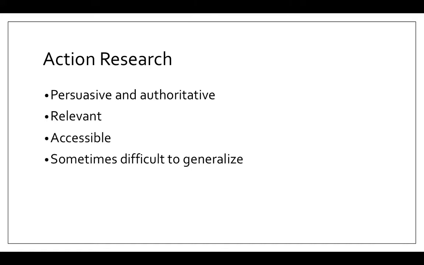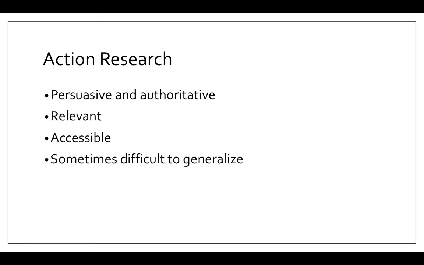Another example of this might be a counselor trying out a new counseling technique, or someone in sports performance trying out a new training technique and testing whether that helps their athlete's performance or not. Again, it's action research, it's within the area of your research, but it usually is a smaller number of people than, let's say, a quantitative study where you're trying to get a large swath of the population.